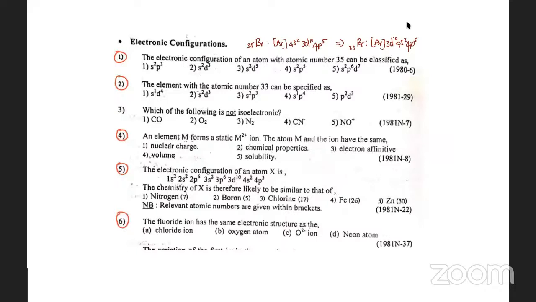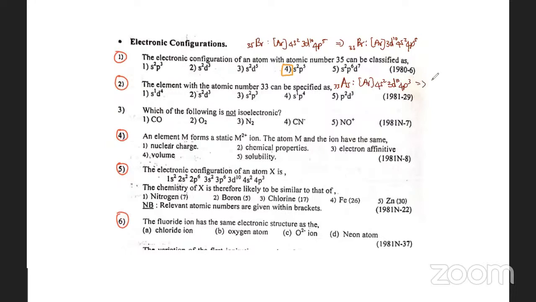Fourth one. The element with the atomic number 33 can be specified as... 33 is arsenic. According to the periodic table, we will identify that it goes like this until argon, then that is 18, 20, 30, 33.